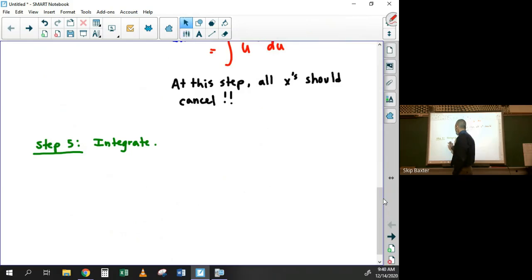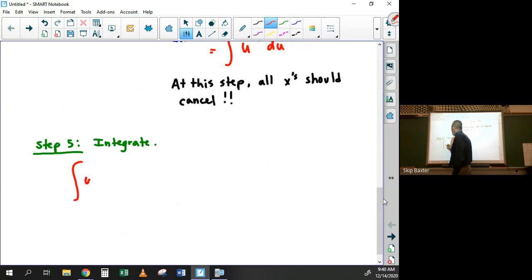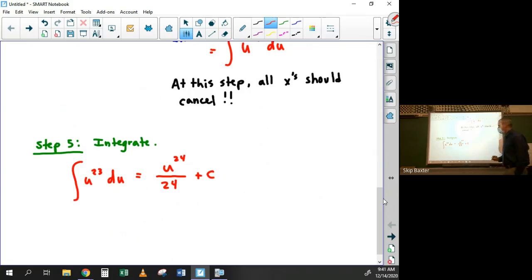So if I have the integral of u to the 23rd du, what is its integral? Yeah, it's u to the 24th divided by 24 plus c.